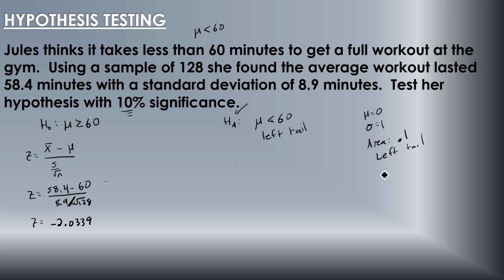So when we put that in and do our inverse norm, we're going to get out from our calculator negative 1.282.